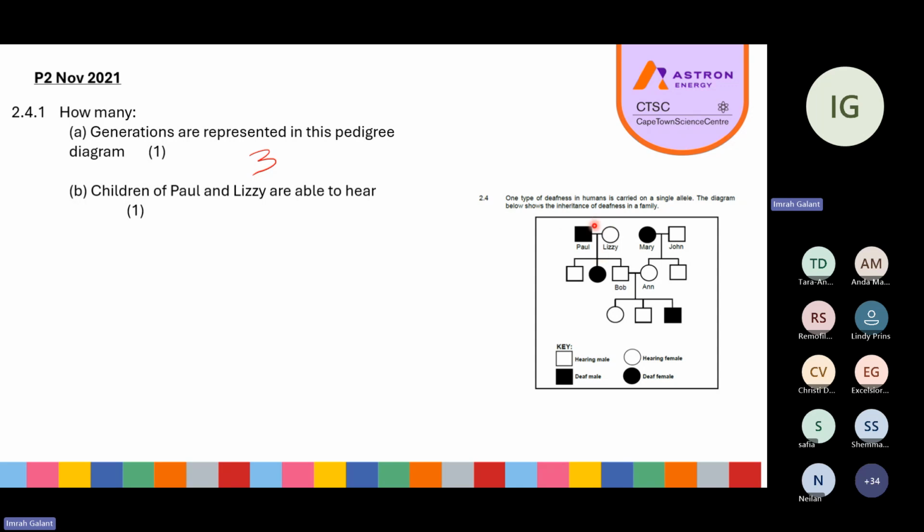So Paul and Lizzie is over there. We can see that they have 2 hearing males, and they have 1 female child, and that female child is the only deaf child. So the number of children of Paul and Lizzie who are able to hear is 2.